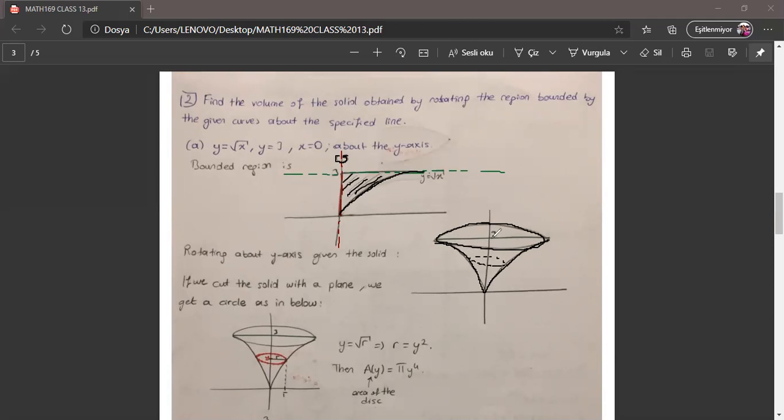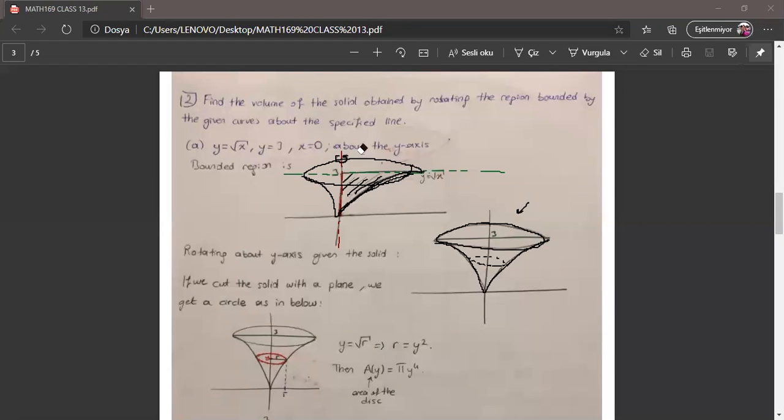It's an object in 3 dimensions. So here we have 3, right? We rotate it as this, okay? And if we rotate this curve, we'll see something like this, exactly in this form, okay?